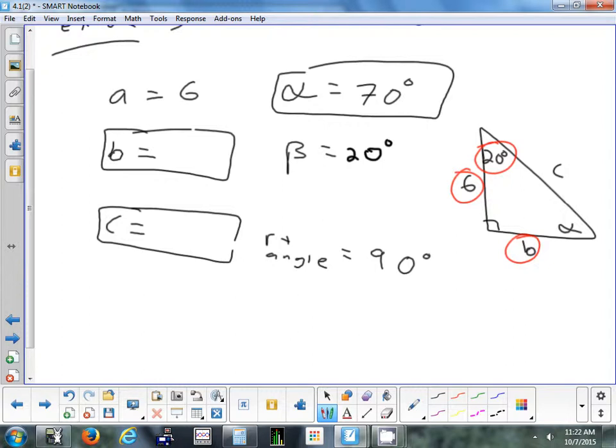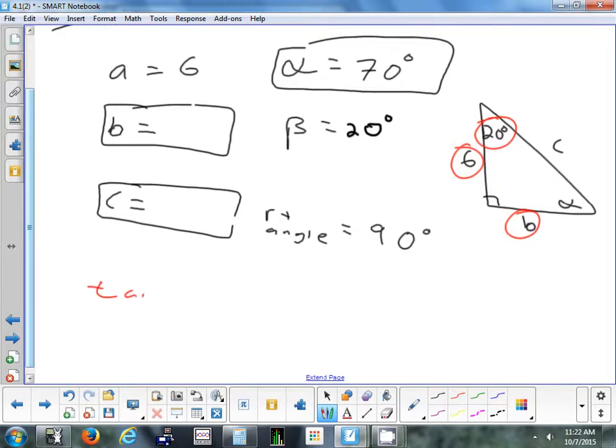Tangent. Yep. So let's set it up. Tangent of 20 degrees. Always plug in your angle right next to the tangent. Tangent of 20 equals, Dakota, what's going to go on the other side? B over 6. Perfect. B over 6.